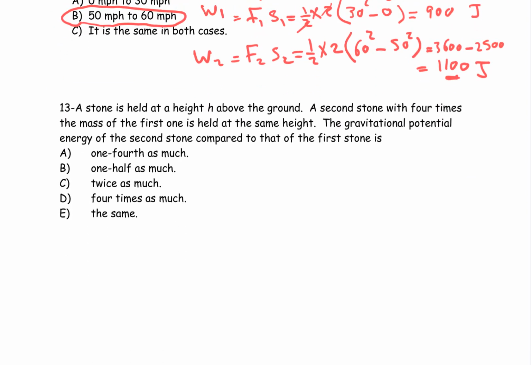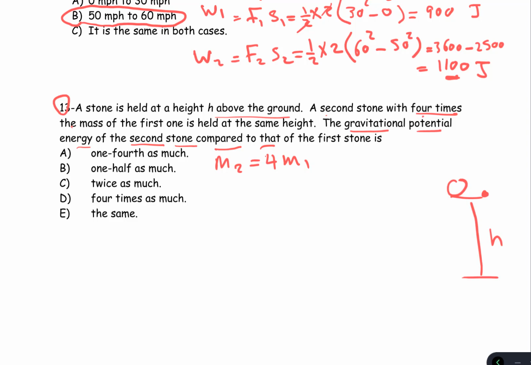Number 13. A stone is held at a height h above the ground. A second stone with 4 times the mass, so M2 equals 4 times M1, is held at the same height. The gravitational potential energy of the second stone compared to that of the first stone: PE1 equals M1 g h. h is the same and g is the same.